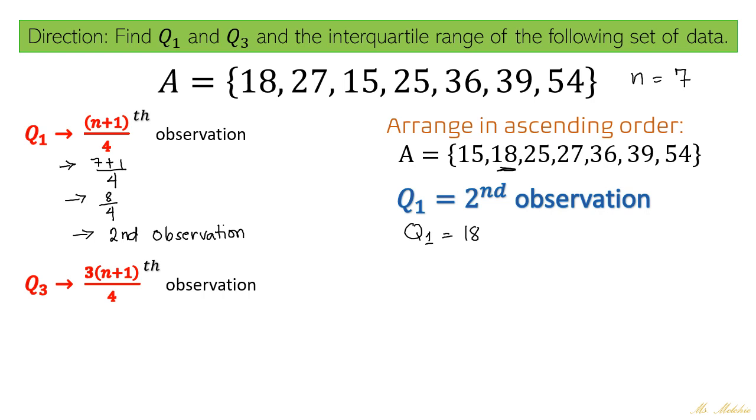Now let's move on to our Q3. Same manner, to find the position first of your Q3 score, just simply substitute all the data necessary here in our formula. So 3 times 7 plus 1 is 8. So 3 times 8 is 24. 24 divided by 4, you would have 6. And of course, let's make it complete: 6th observation.